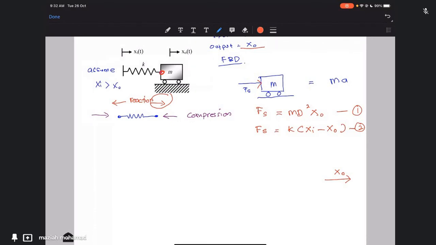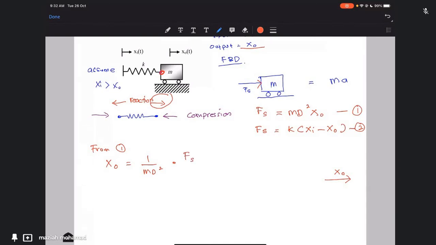First we need to rewrite the equation so that it is in terms of the output, which is our S naught, output equal to something. So the equation will become S naught equal to 1 over md square multiplied with Fs.